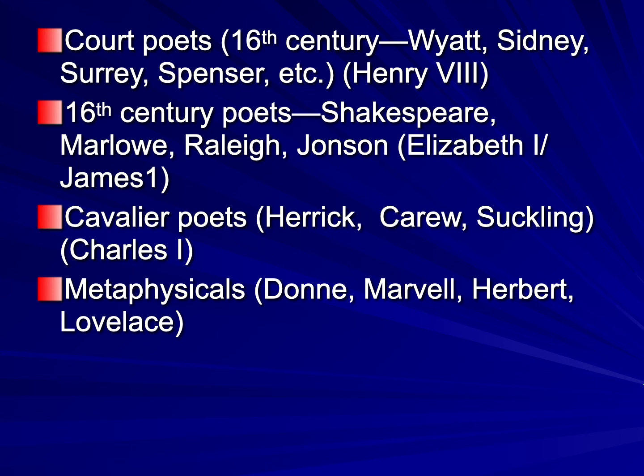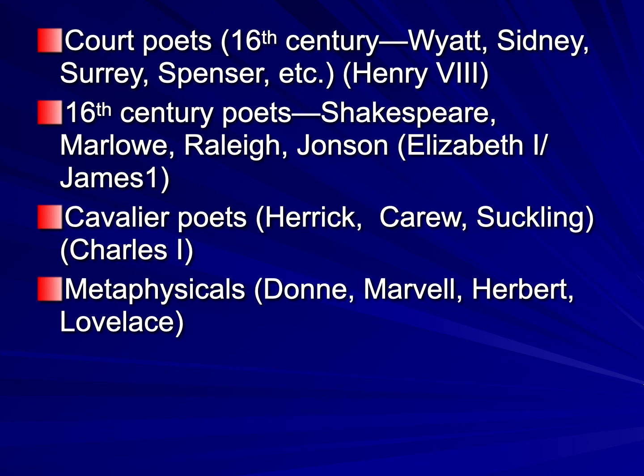So a lot of the poets we'll read break down into these various eras. We'll start with the court poets, 16th century poets Wyatt, Sidney, Surrey, and Spenser, and those are a lot of the poets that you have for next time. They're writing during the time of Henry VIII. In fact, Wyatt will be imprisoned by Henry VIII. He is suspected of committing adultery with Anne Boleyn.